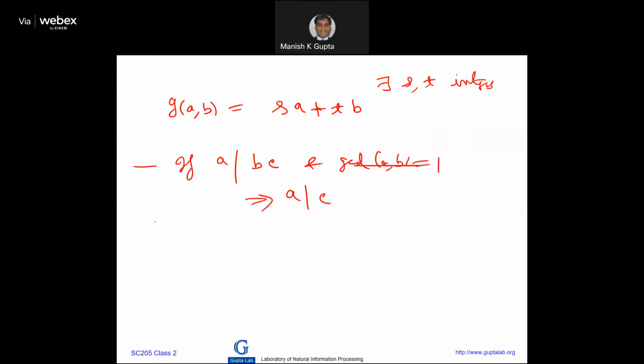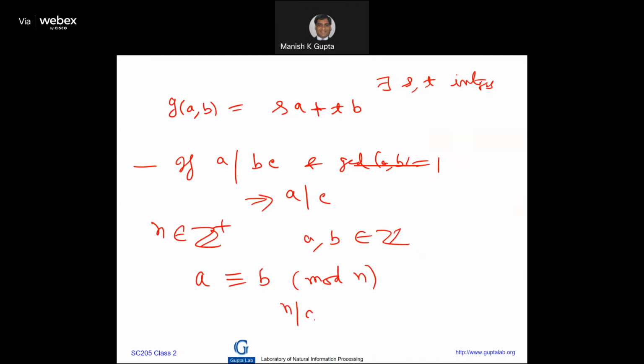So if n is a positive integer, Z plus means positive integers, right? And a and b are integers, then we say that a is congruent to b mod n if n divides a minus b. In other words, a minus b is a multiple of n, right?